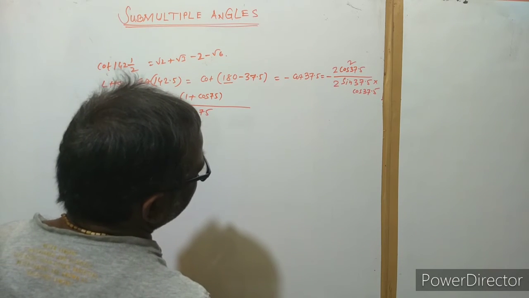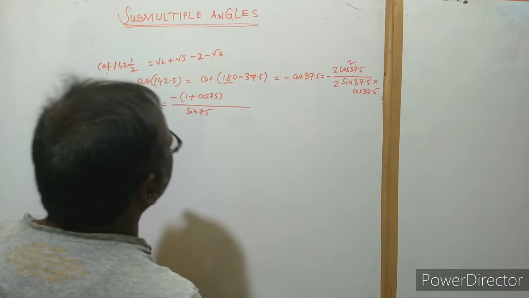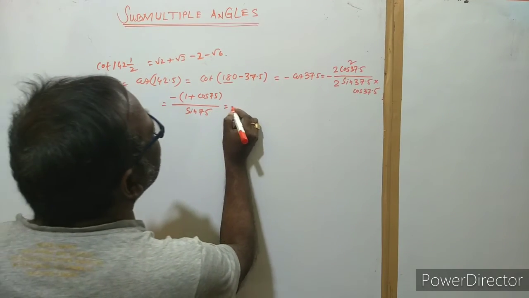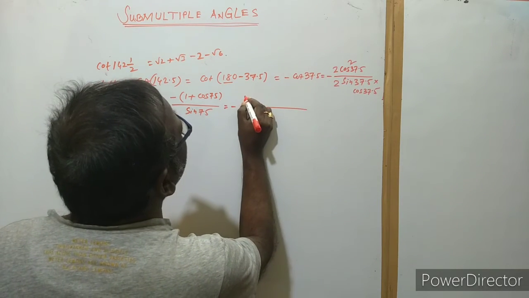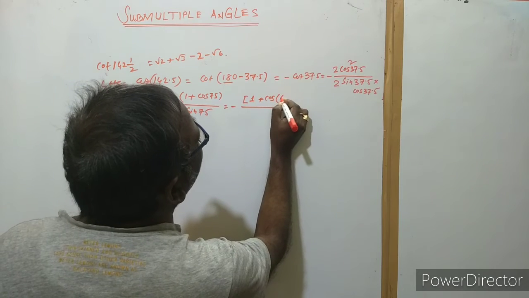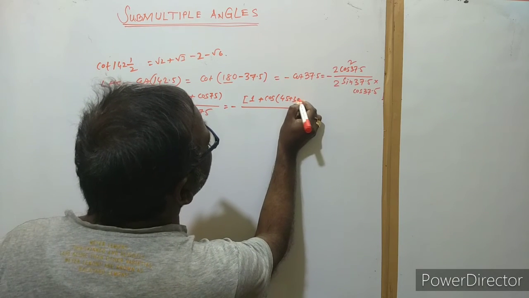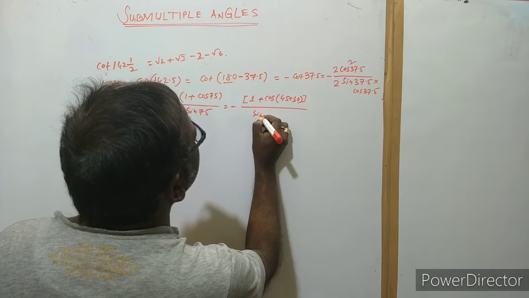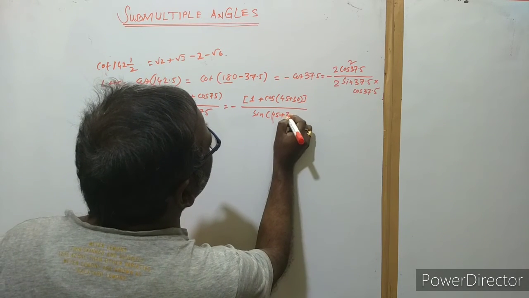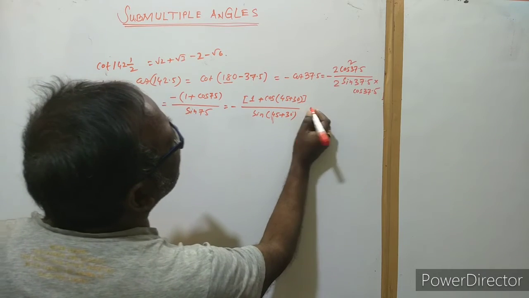Okay, 75. And now see, this is here minus, and we can write here 1 plus cos 75, and cos 75 means 45 plus 30, same as 75 means 45 plus 30.